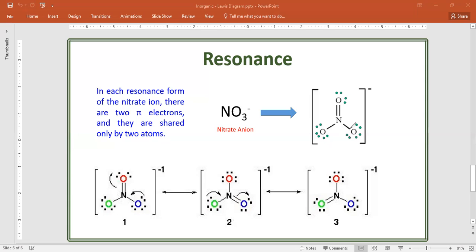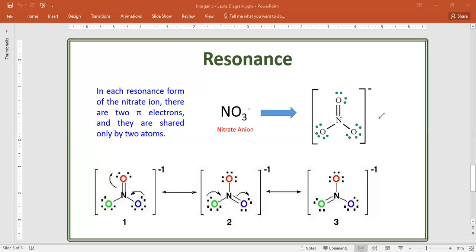But in this case, the nitrate anion would contain one longer bond and one shorter bond. But that is not the real-world case. If you see, all the bonds actually have the same length, and they actually have the same energy.